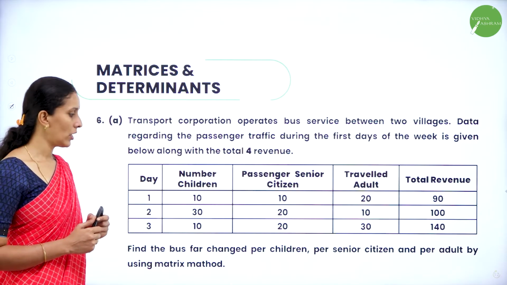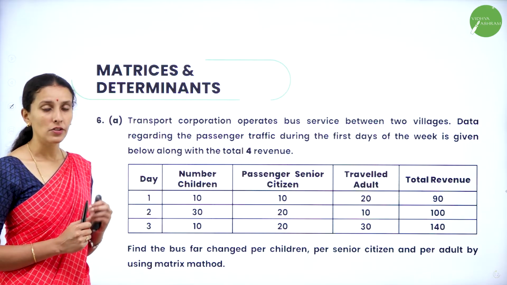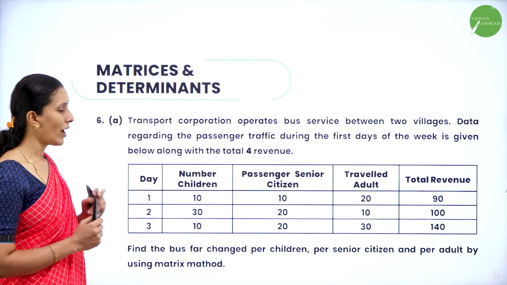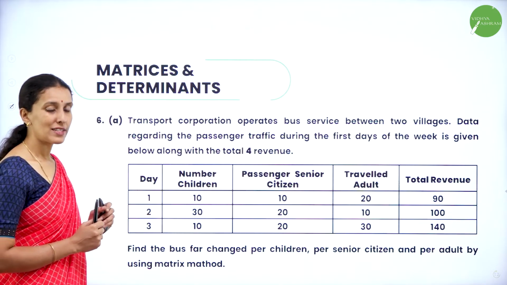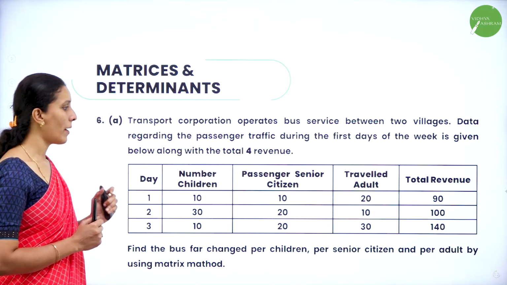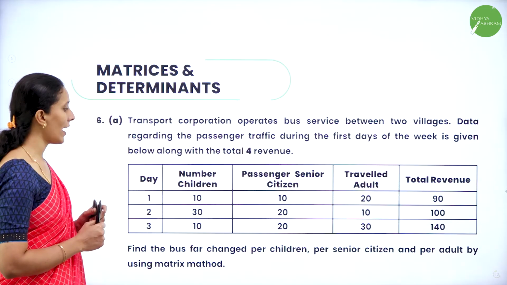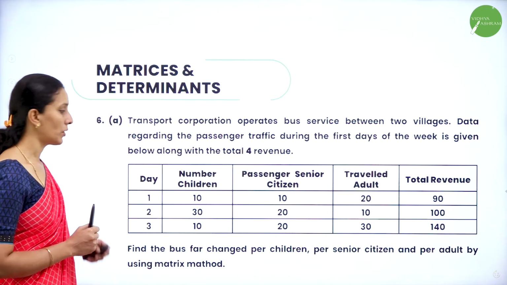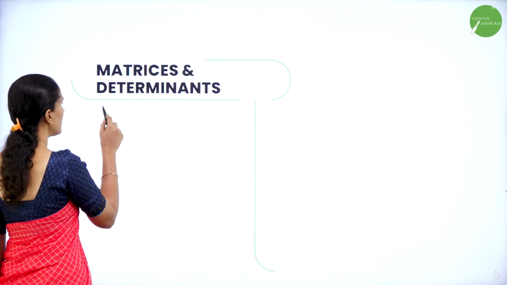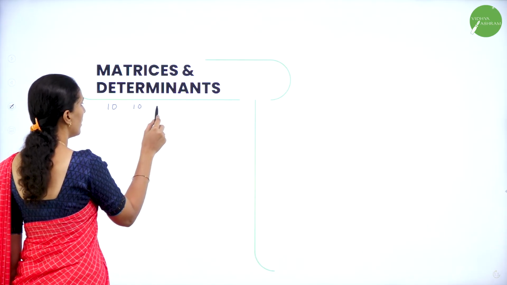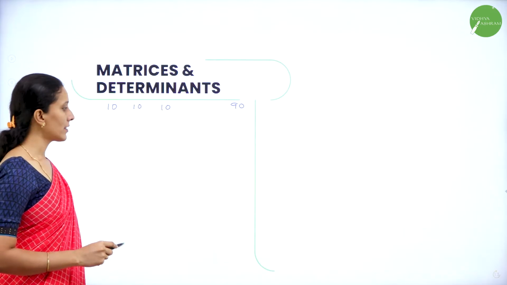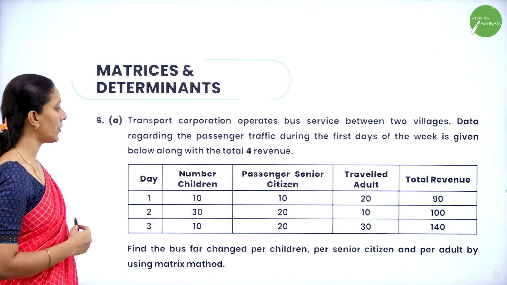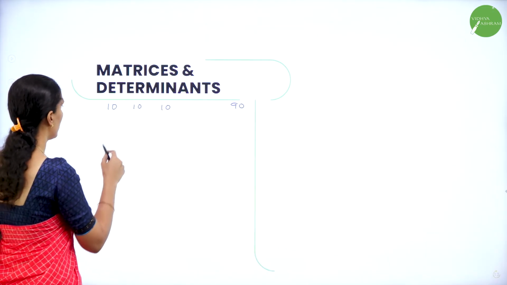So we need to find out the bus fare cost for 1 child, 1 senior citizen, 1 adult in all the 3 days. So first let us express this in a matrix form. So for the first one we have 10, 10, 20 is equal to 90. So therefore it becomes 10, 10, 10 and 90. Next for the second one it is 30, 20, 10, 100.